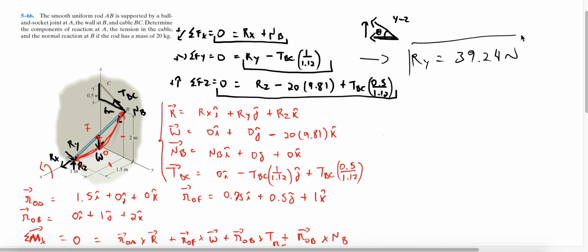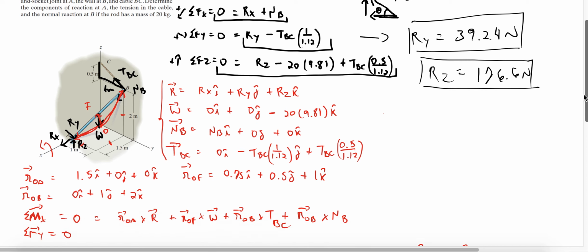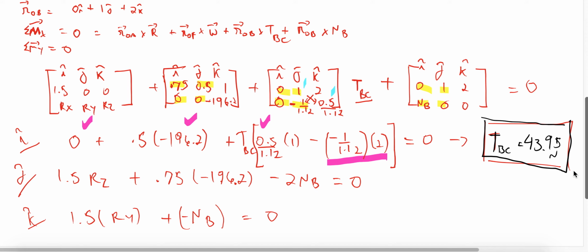And then RZ becomes a little bit more complex, but that's fine. And then plus 20 times 9.81, 176.6 newtons. Cool.